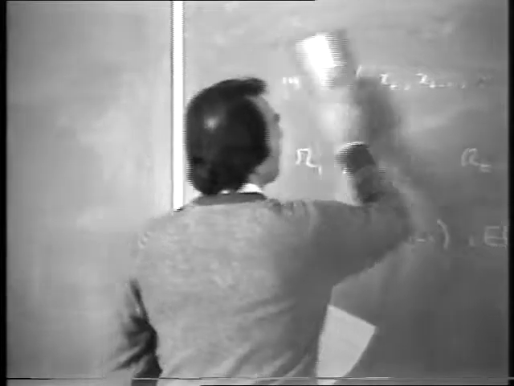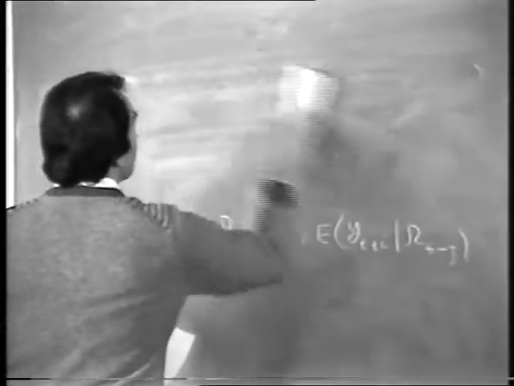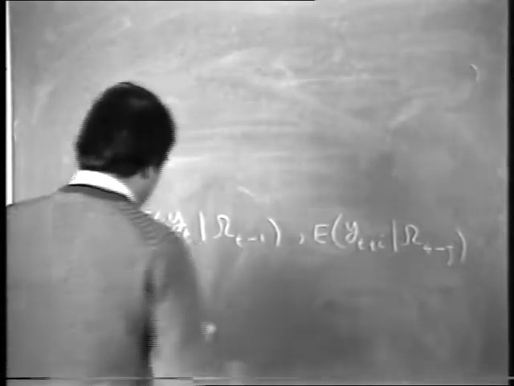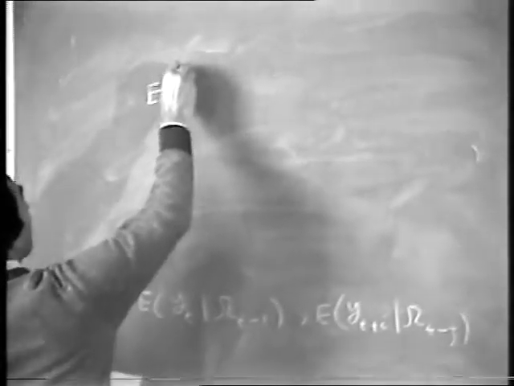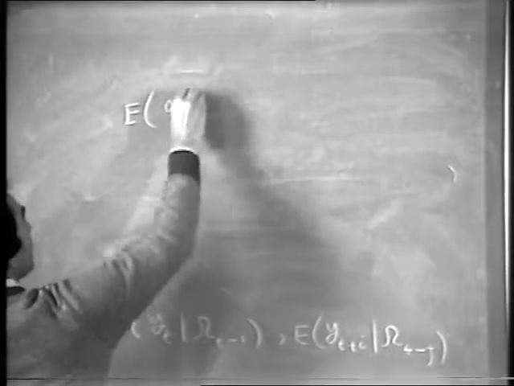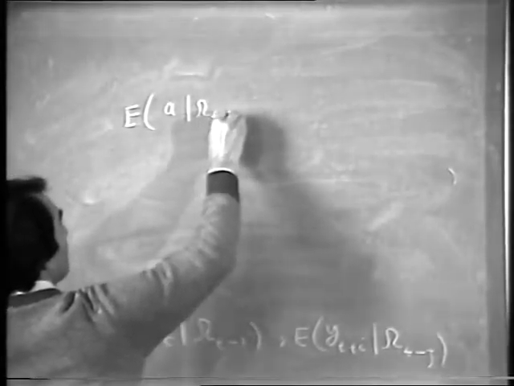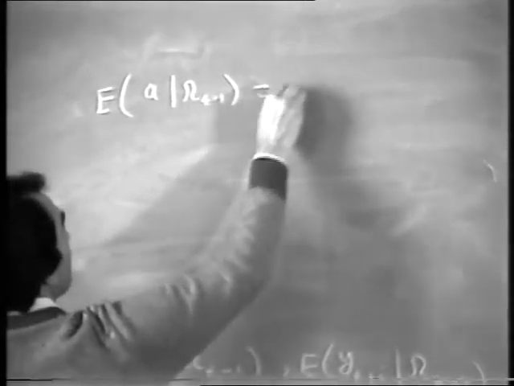If we start now looking at the properties of this type of conditional expectation, it's all standard results. The first says that the conditional expectation of a constant relative to the information set omega t minus 1 is equal to the constant.